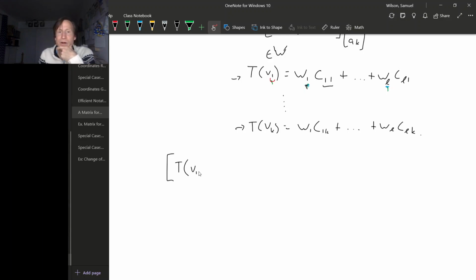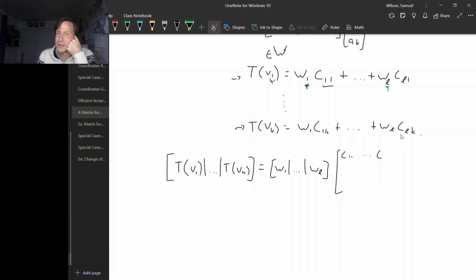So T of V1 up through T of Vk equals, and now if you look at this right-hand side, this is actually the matrix that we get from packing all the W's into a matrix, times C11 up to C1k. Sorry, I have an n here. This should be v sub k. And then down to CL1 up to CLk.